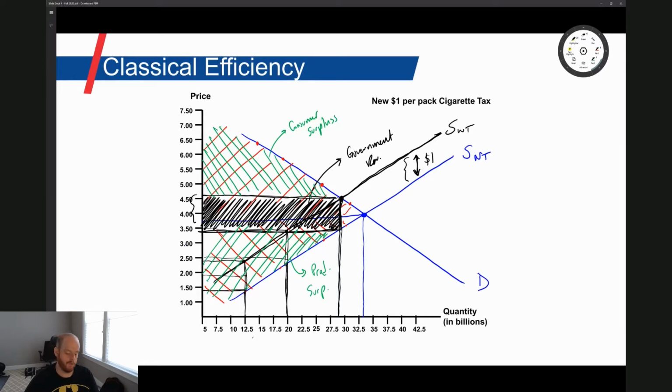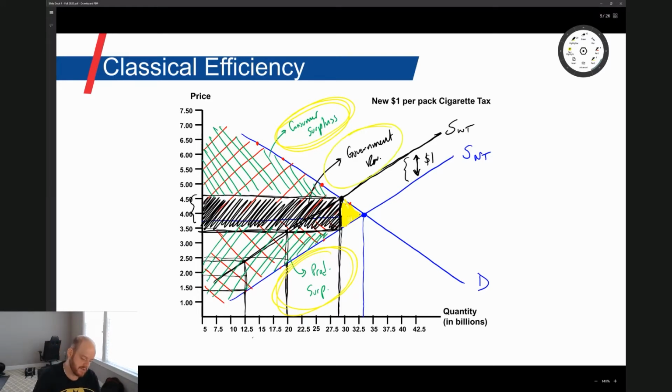Now, the idea of inefficiency comes from this area right here that is colored in yellow. Previously, this area was split between consumers and producers as an area of both consumer and producer surplus. Now we have three players in this market. We have the consumers, which are getting consumer surplus that is smaller. We have the producers getting producer surplus that is smaller.